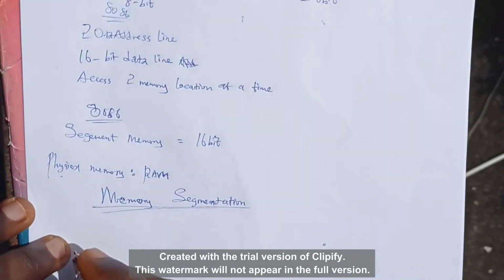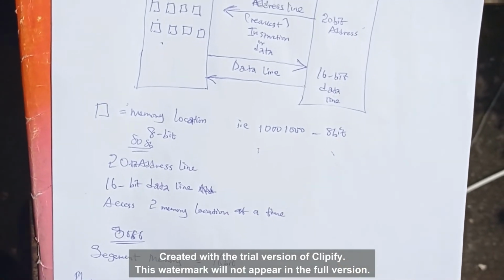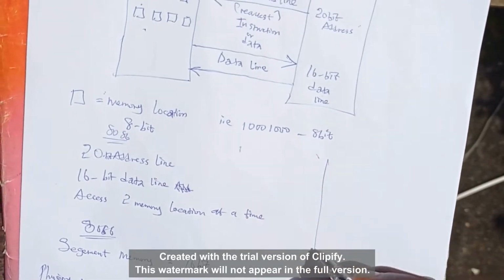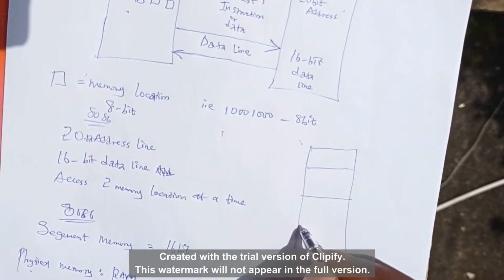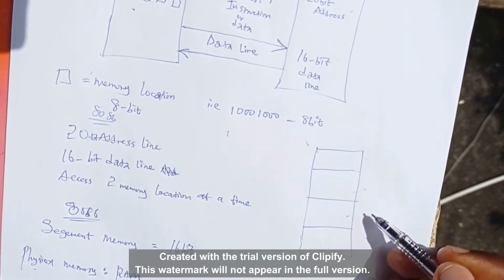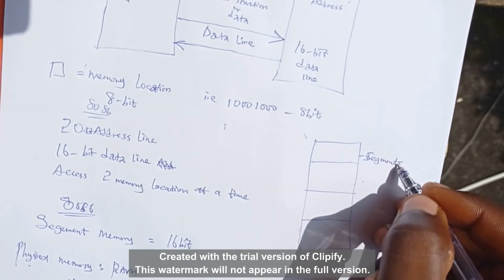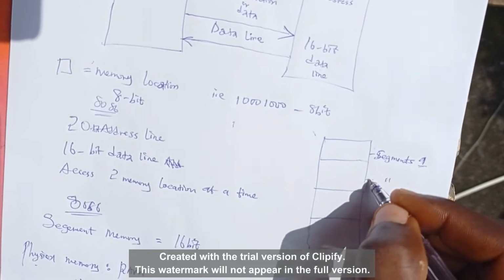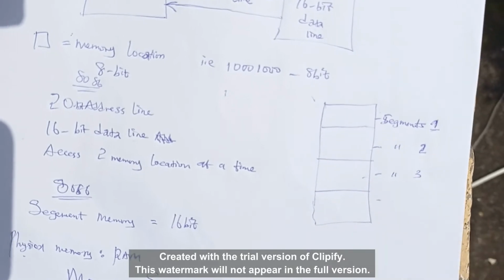It's just creating segments, like having a stack. Like this is a segment, this is a segment, this is a segment. Each one is a segment. So we have segment 1, segment 2, segment 3, and so on and so forth.